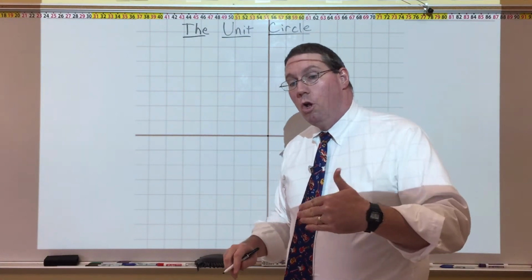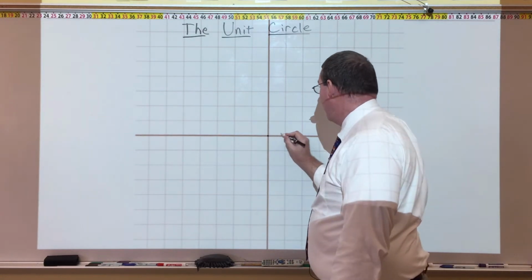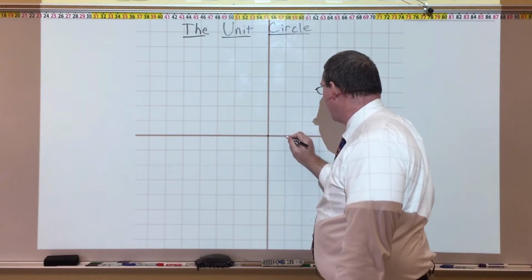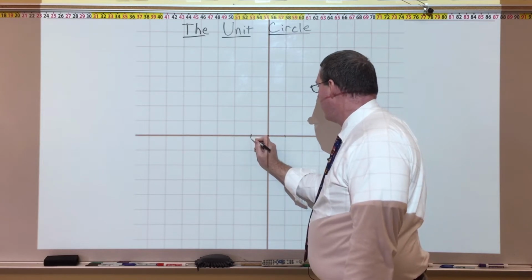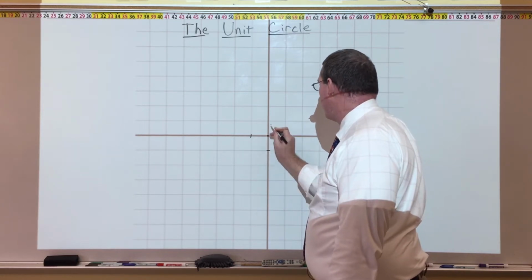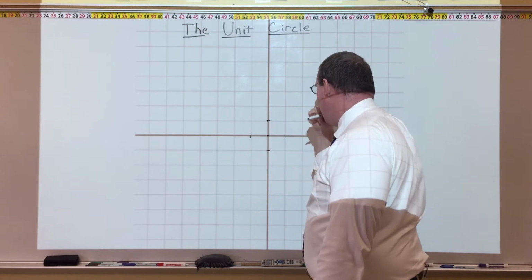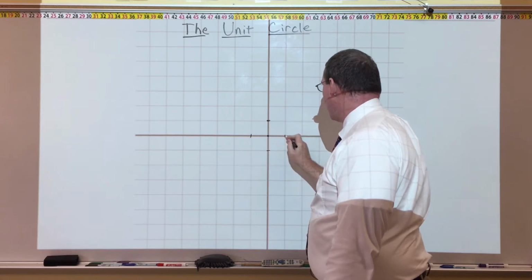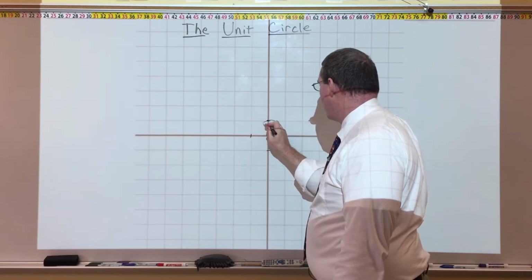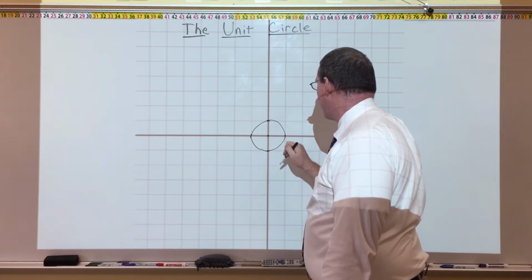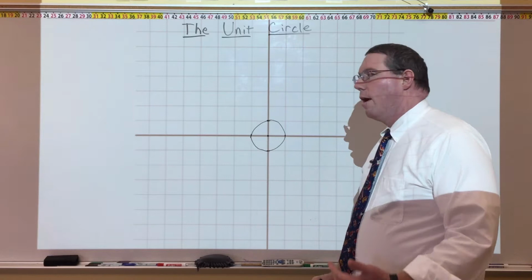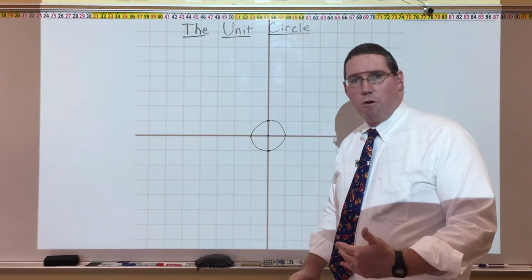So if we go from here over to 1, that is the radius of this circle. And we can go over here to a radius of 1, and down here a radius of 1, and up here a radius of 1. So we know that in all directions, this circle, it's a very terrible drawing of a circle. But very simply, what you're looking at right there, that is the unit circle.